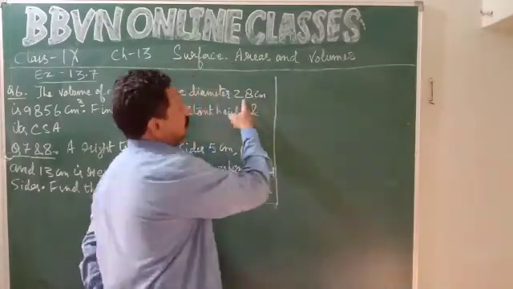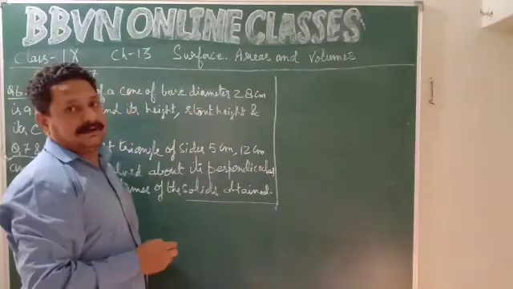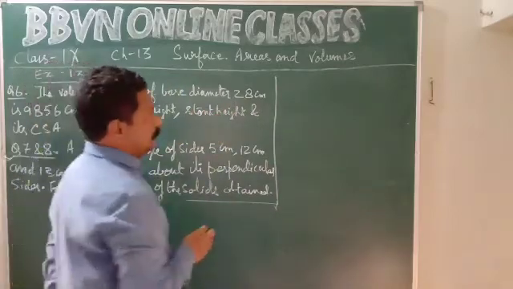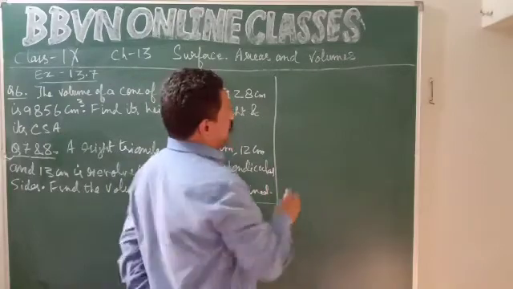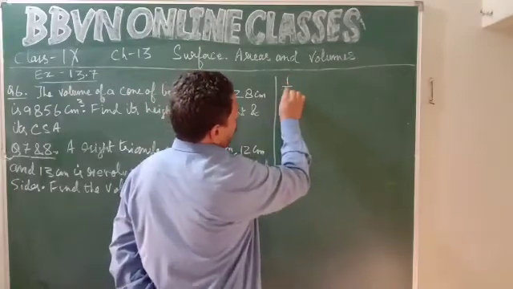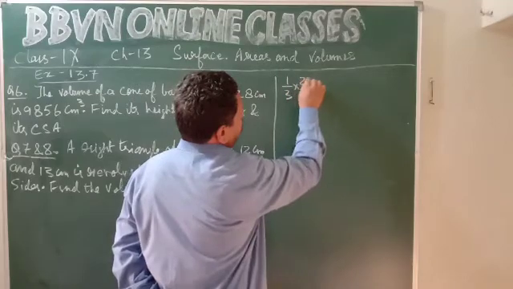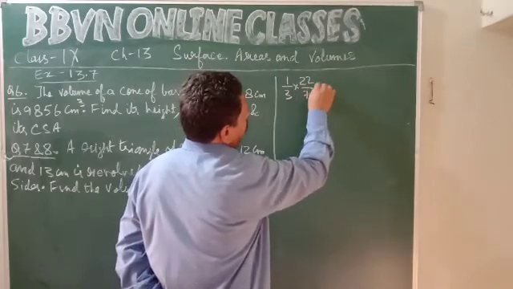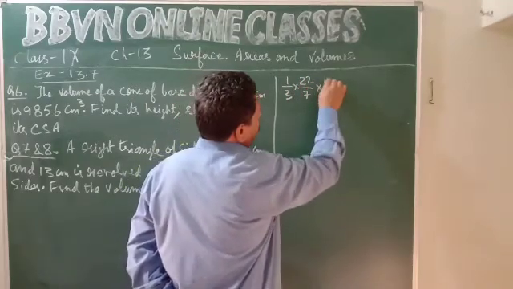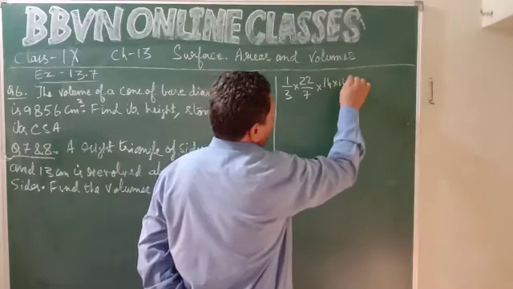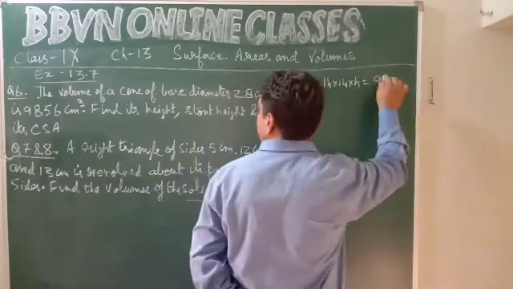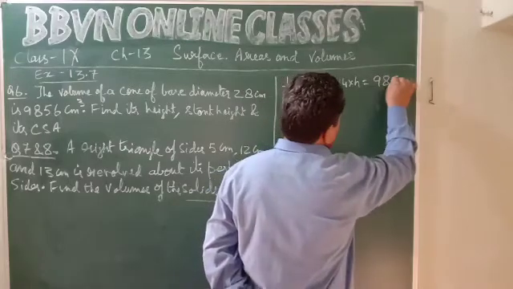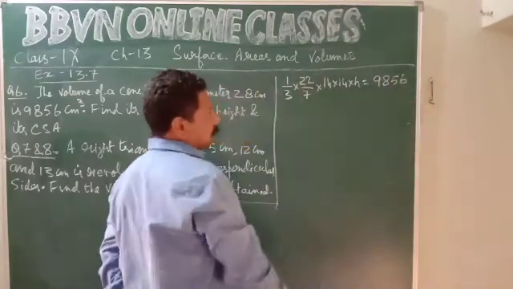given, base diameter is 28, so radius will be 14, and volume of a cone is 1 upon 3 pi r square h. So 1 upon 3 pi r square, 14 into 14 into h, is given as 9856.